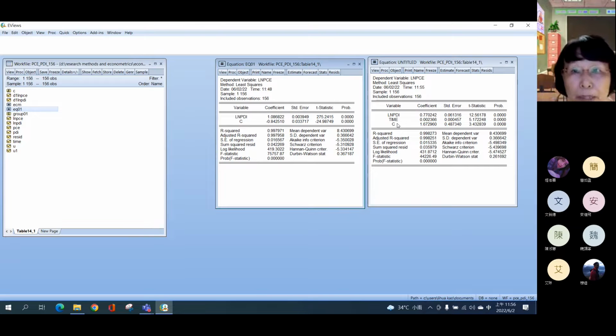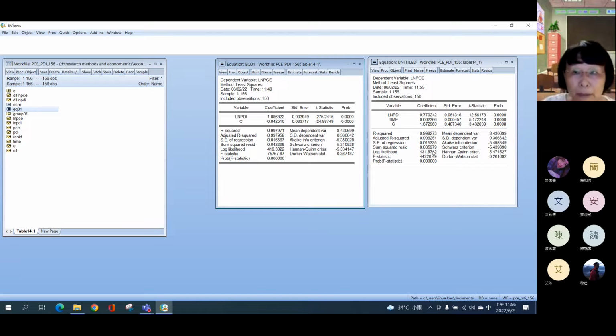So if I use time to detrend, it reduces the relationship between LMPCE and PDI. This coefficient turned back to a reasonable value: a 1% increase in PDI will increase PCE by 0.77%.